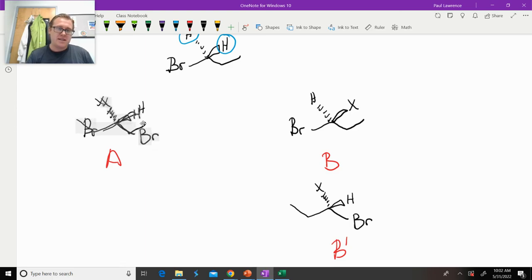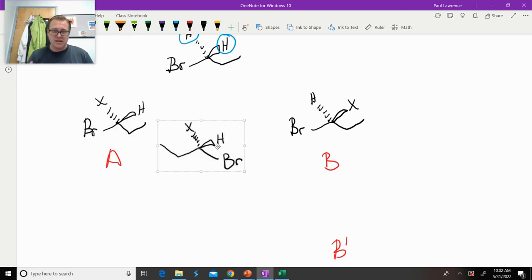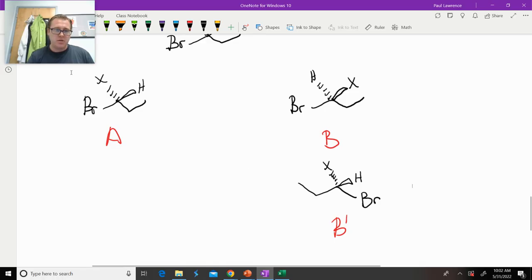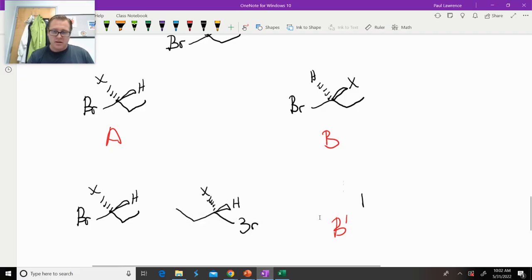No. The X and the hydrogens, they're both wedges and dashes, respectively. So that superimposes, but now what's the problem? The bromines aren't superimposable. Okay? But what is the relationship, though? If you take A and put it down here, and you have B, what do we have? Do you see how we have a mirror plane? There's a mirror image of the two. So this is A, and that is still B.